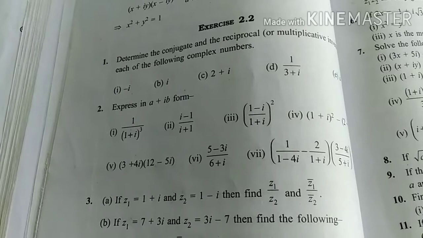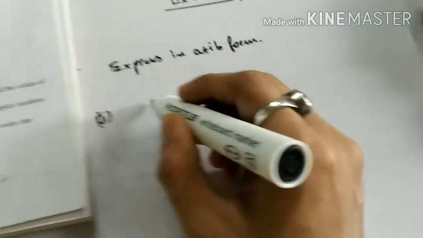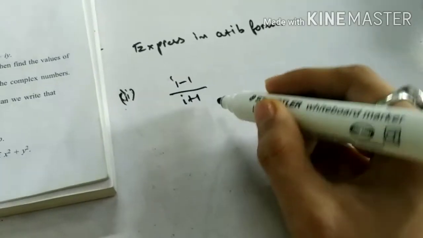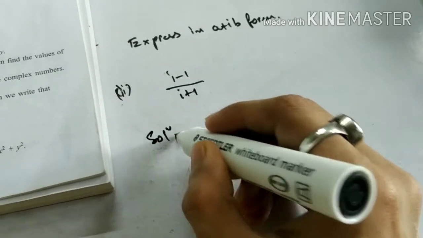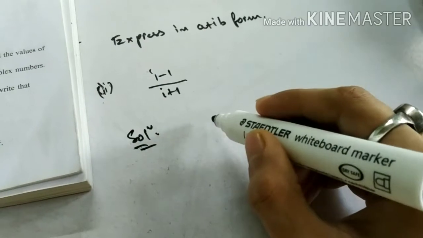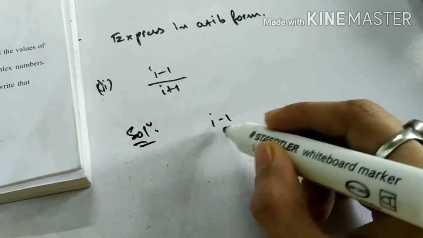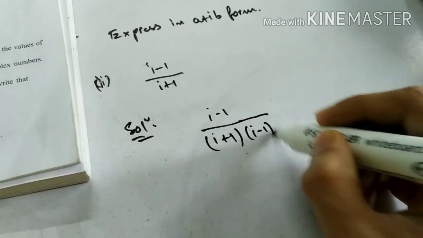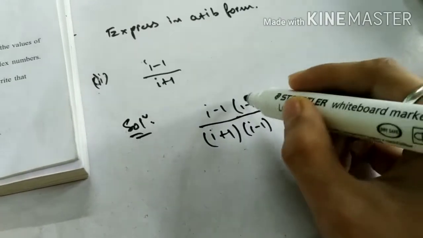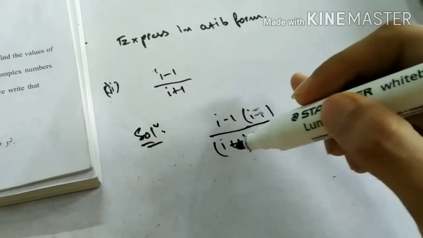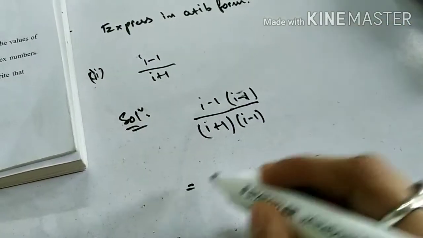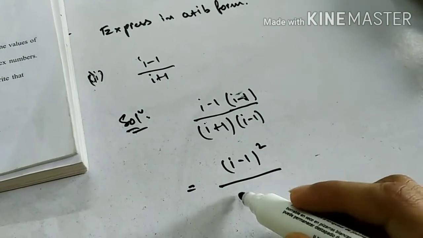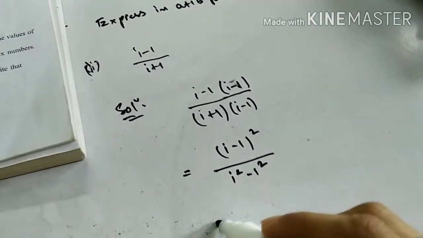Next, number 2, 1 minus i by 1 plus i. So again I have to express this in a plus ib form. 1 minus i by 1 plus i, so both sides I will multiply by 1 minus i. So this becomes 1 minus i the whole square by 1 square minus i square.